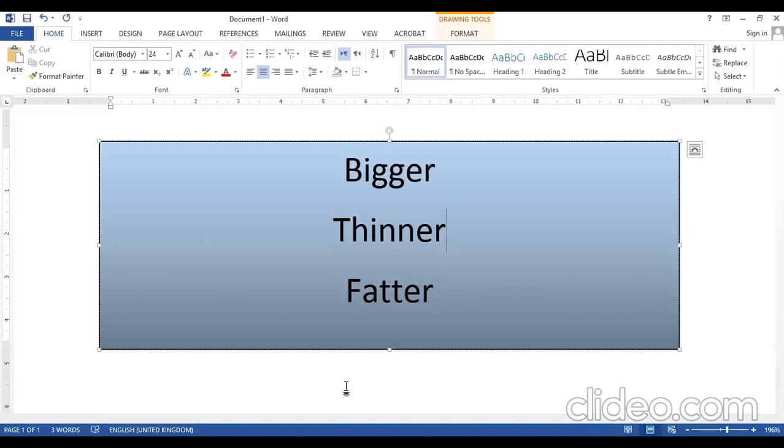So for those newcomers who did not hear what I was saying, if a one-syllable adjective ends in a consonant letter and before it there is a vowel, we said we should duplicate the last consonant letter and then we add er to the adjective if we want to form the comparative adjective. So now let's move to the superlative adjectives.